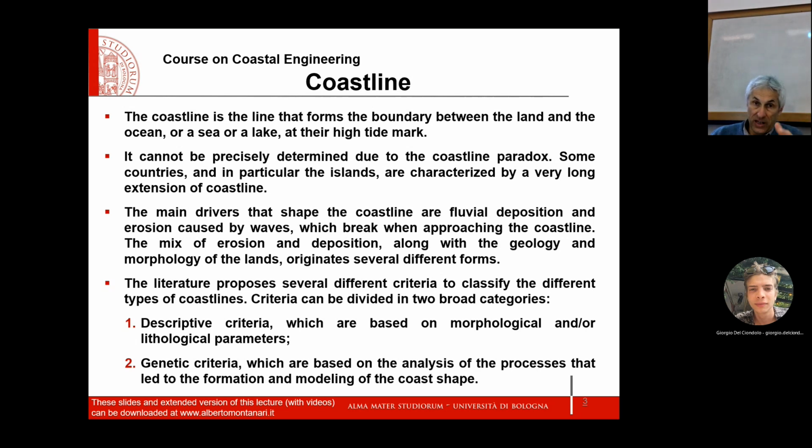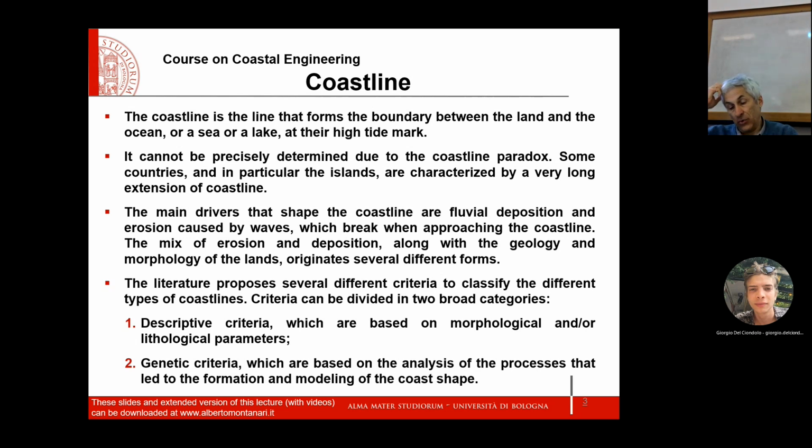And, you know, natural systems tend to reach an equilibrium that minimizes the instability of their state. So if you have a flux of sediment coming from the land and the sediment accumulates in the proximity of the coastline, then you get instability of the ocean bottom. And for the effect of the waves, these sediments tend to be displaced where there is less accumulation.